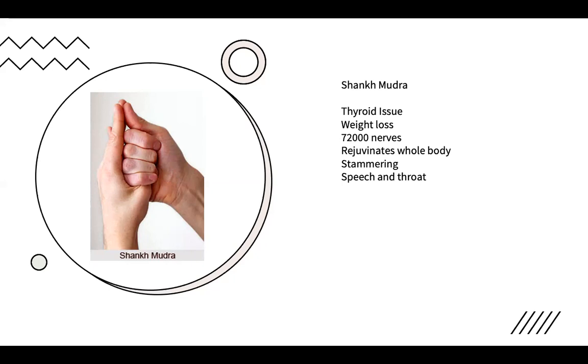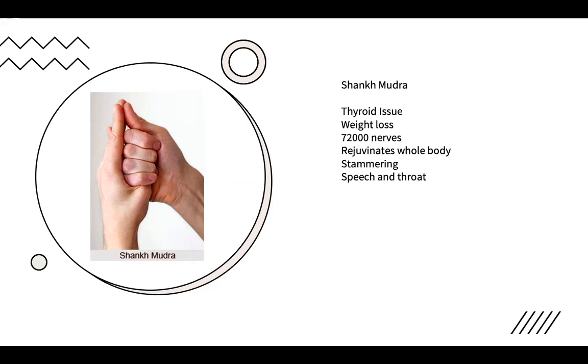It also cures thyroid. In the long run, it helps weight loss. See, in yoga, remember, weight loss is not a yogic phenomenon. Yoga is not for weight loss. Weight loss is a byproduct of yoga. Yoga is to bring you to the right weight according to what you need for self-realization.